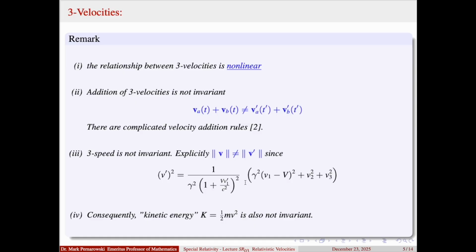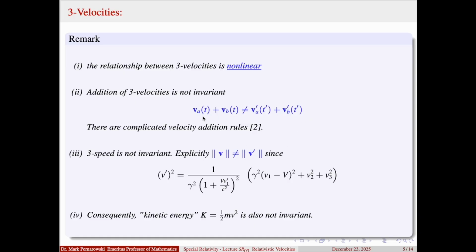The thing we can say is that the relationship is nonlinear. If you look at those formulas, it's pretty clear that if you add two velocities in the k frame, it is in no way the sum of the same two velocities in the other frame. So none of this works in an intuitive way. The fact that adding velocities is normally invariant is not true anymore.